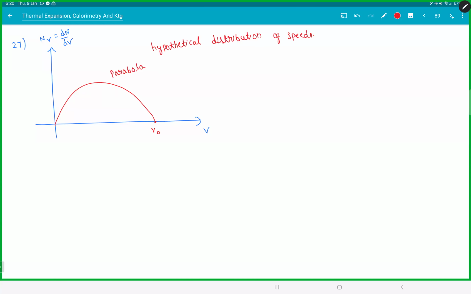So you don't have any molecule with a speed greater than V naught. So the speed distribution of molecules versus v is shown.